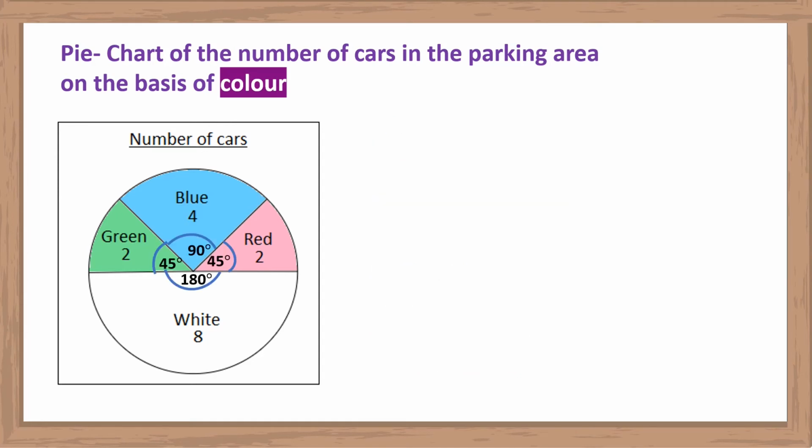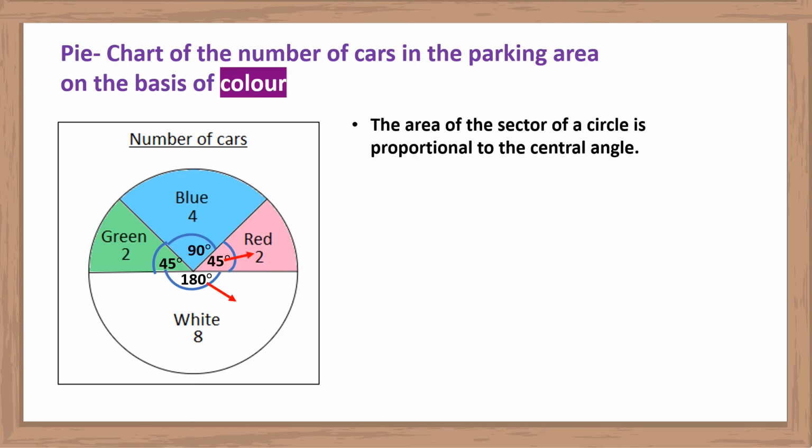You can see from the pie chart, the sector of the greater angle is greater, and the sector of the smaller angle is smaller. Thus, the area of the sector of a circle is proportional to the central angle. Here, the number of white cars is 8. Its central angle is 180 degrees.